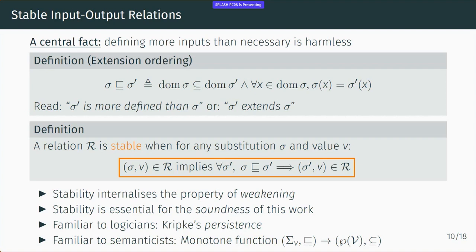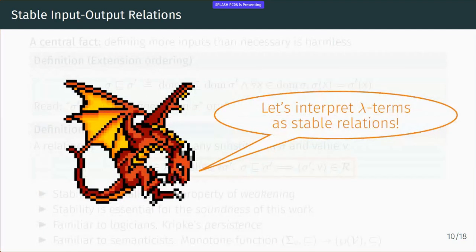And if you are more of a semanticist, then this is exactly a monotone function from the set of substitutions equipped with the extension ordering to the power set of values. So you shouldn't be surprised; you know this device already, in one way or another. Okay, so this is where it becomes a bit harder. Let's start to interpret lambda terms as stable relations.